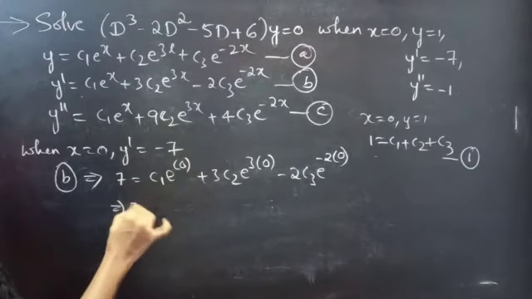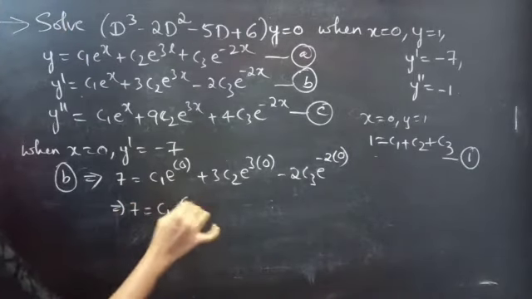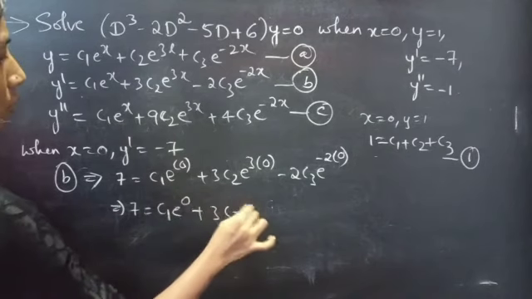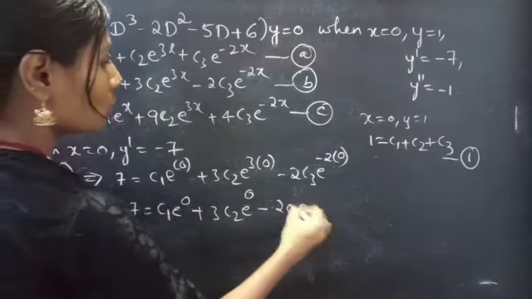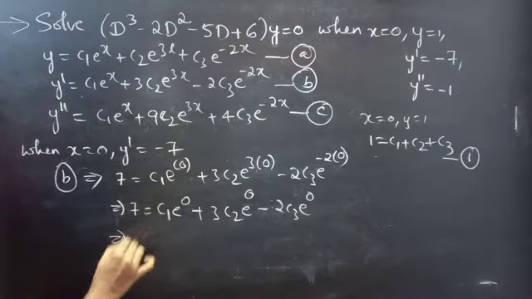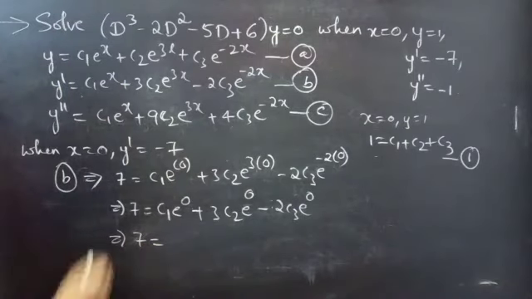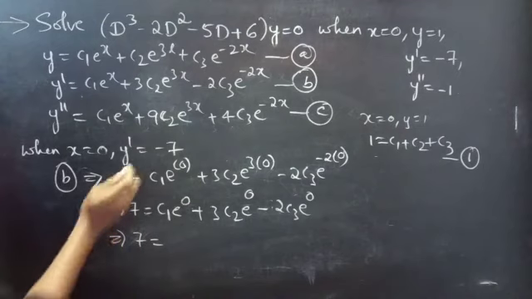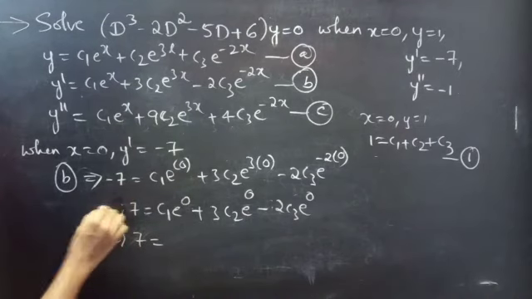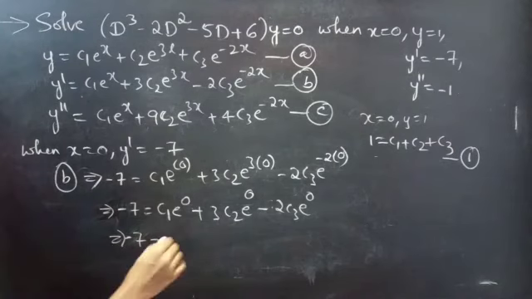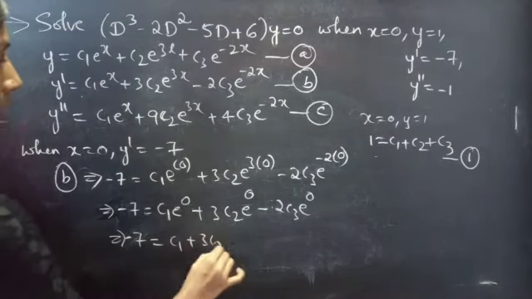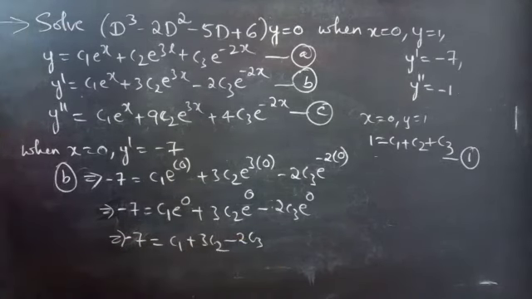From this we'll get minus 7 equals to c1 e power 0 plus 3c2 e power 0 minus 2c3 into e power 0, equals to c1 plus 3c2 minus 2c3.